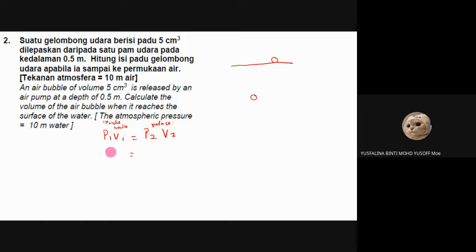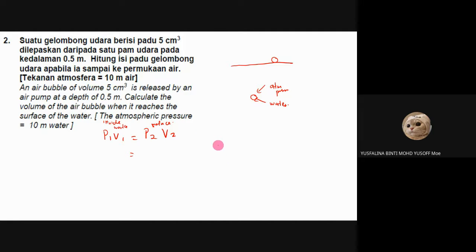Inside the water, there are two types of pressure exerted on the air bubble: the atmospheric pressure and the pressure of the water. So you have to add these two pressures.